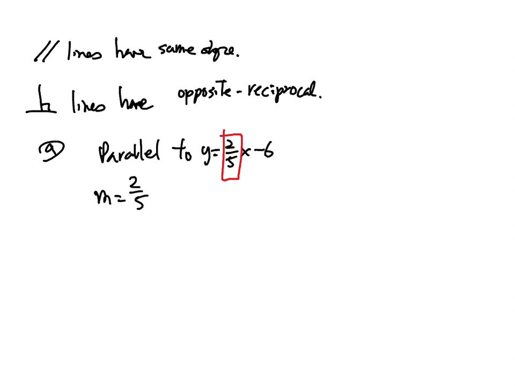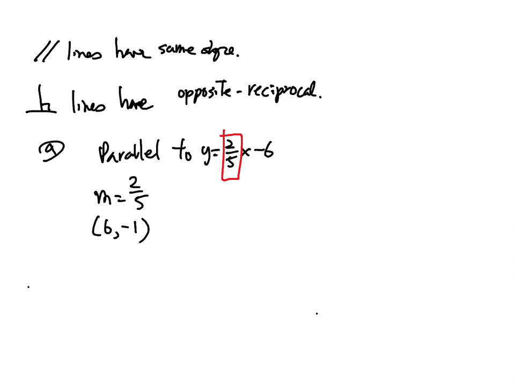Once you figure out the slope is positive 2/5, we're just going to use the second point, right? The point we're going to use is (6, negative 1). Notice the question says, the line that goes through. Goes through means (6, negative 1) is a point on the line. So we can use it.